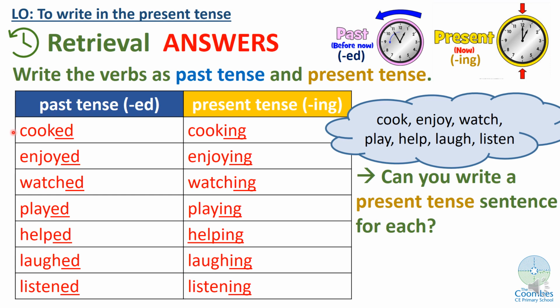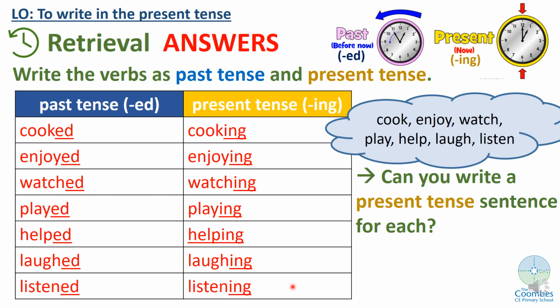And here are the answers. So I'll quickly go through them all. For the past tense, we've got cooked, present tense, cooking, past tense, enjoyed, present tense enjoying, past tense watched, present tense watching, past tense played, present tense playing, past tense helped, present tense helping, past tense laughed, present tense laughing, past tense listened, and present tense listening.